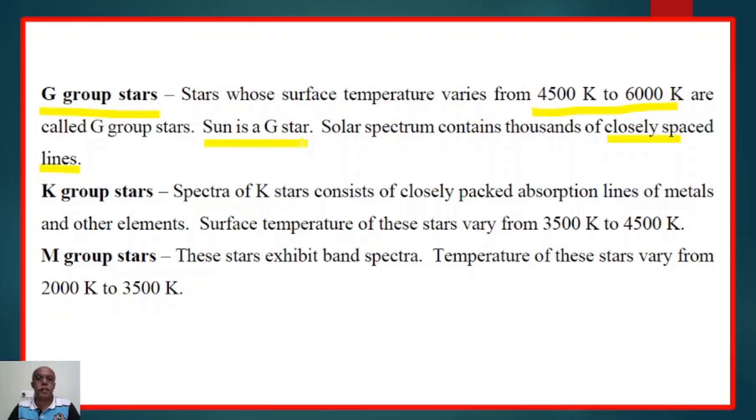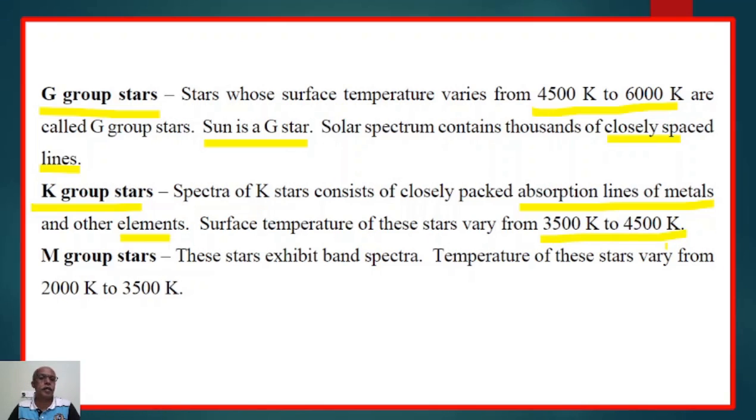The spectrum of the Sun consists of a number of closely spaced lines. And next we have K group stars. These are the stars which consist of closely packed absorption lines of metals as well as other elements. The surface temperature of these stars varies from 3,500 to 4,500 Kelvin.